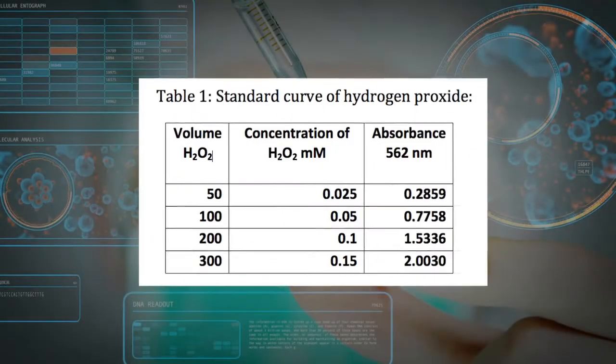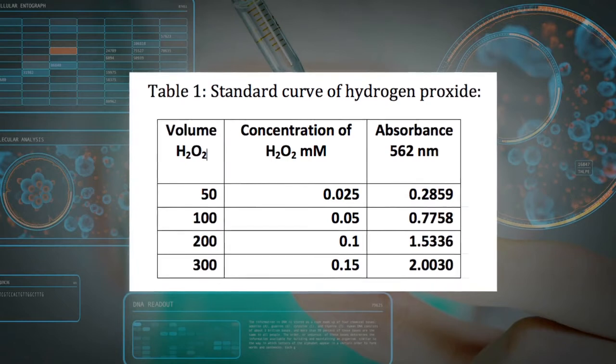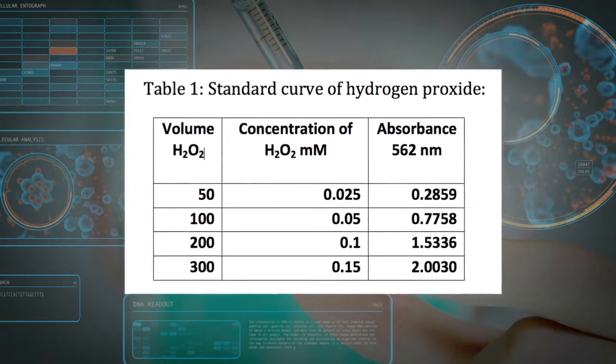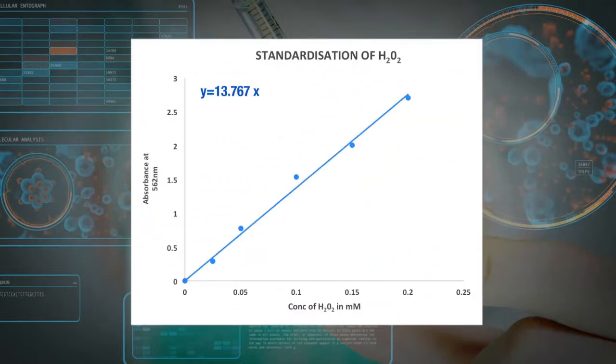In the results, the standard curve of hydrogen peroxide provides the relative concentration at different absorption of the complexes formed. The straight line follows the linear equation, y is equal to 13.767 multiplied by x.